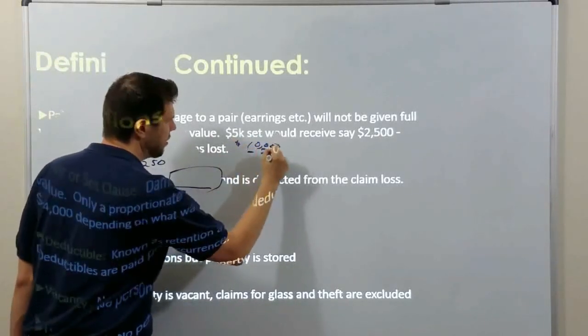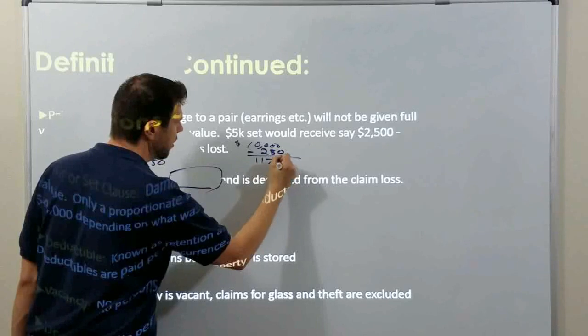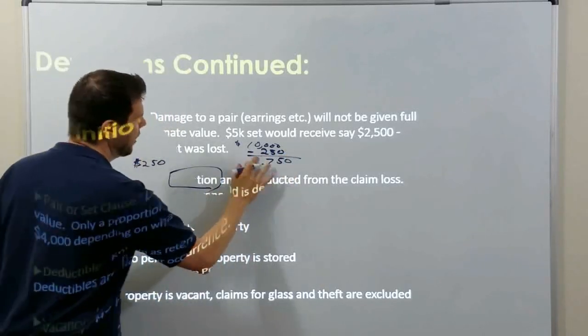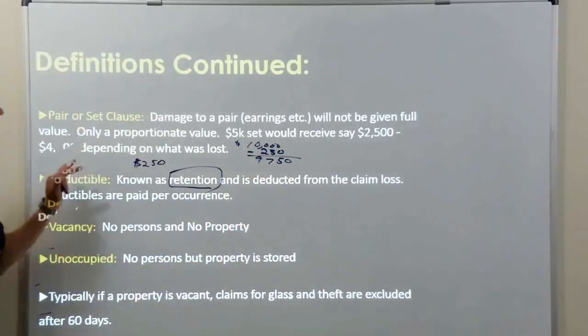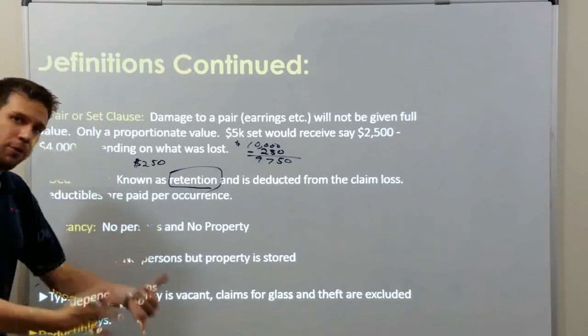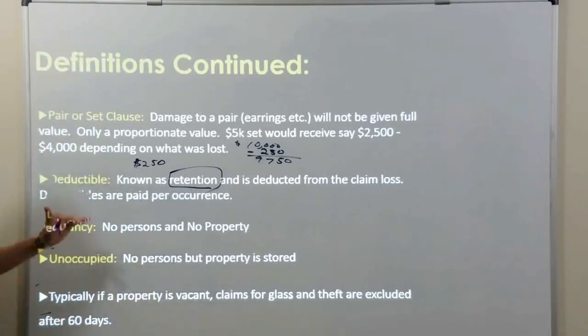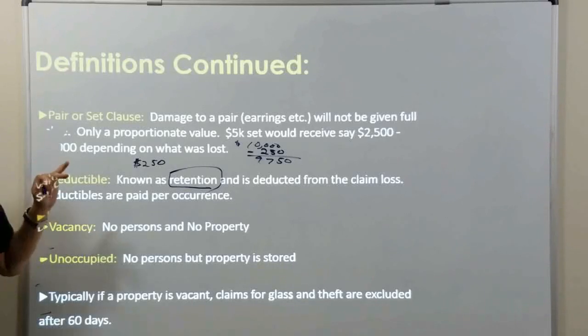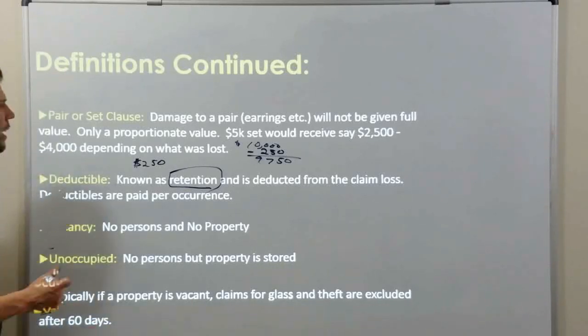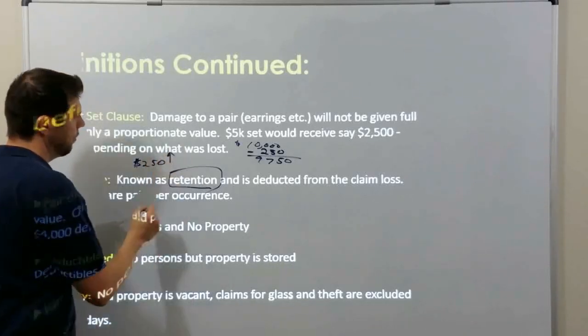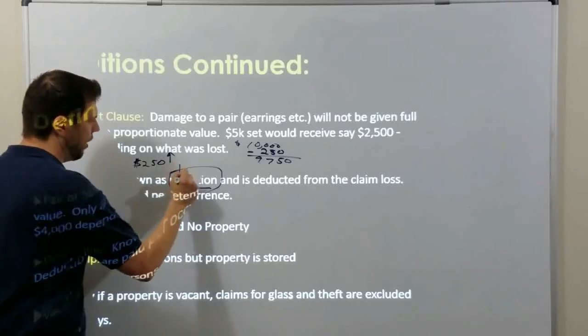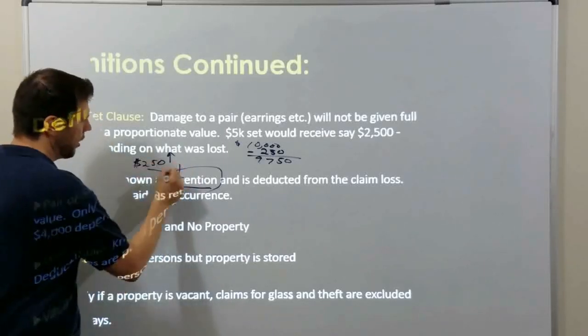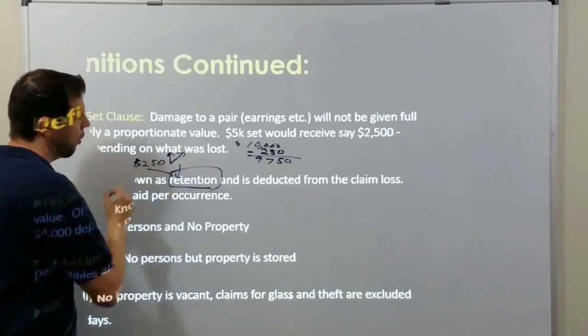You have to satisfy your deductible first before you get any money. Deductibles are paid out before the claim, and deductibles help offset your premiums. If you have a higher deductible, your insurance premiums go down. If you have a lower deductible, your insurance premiums go up.